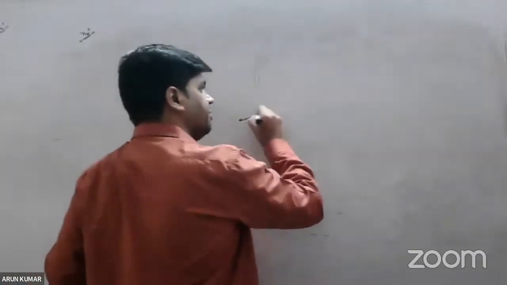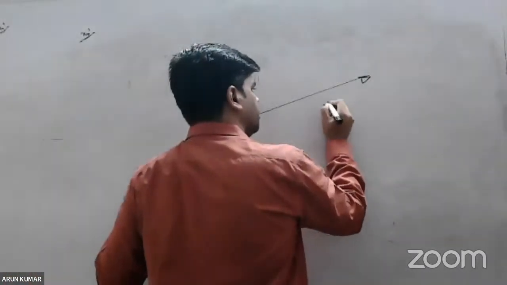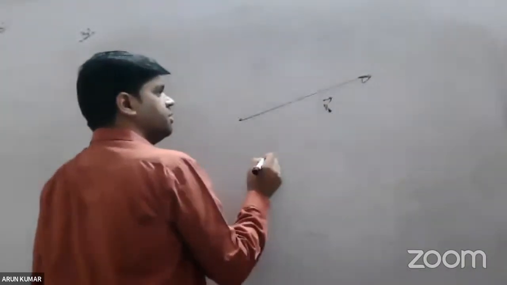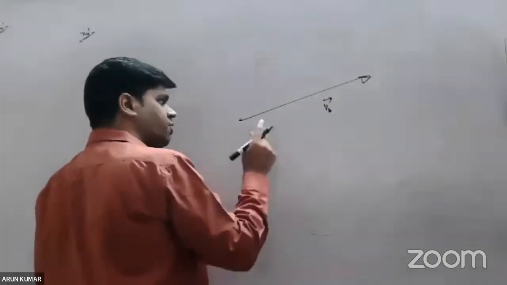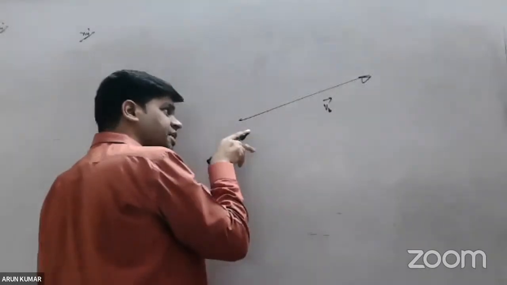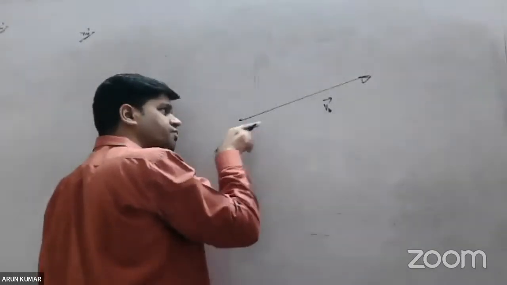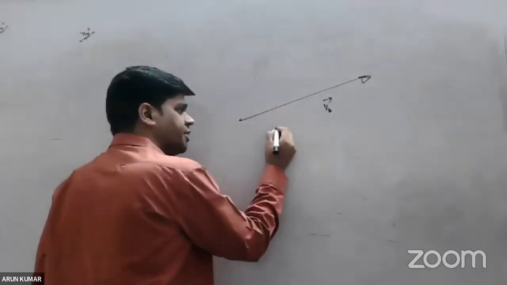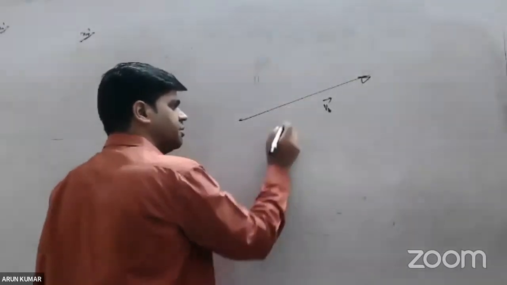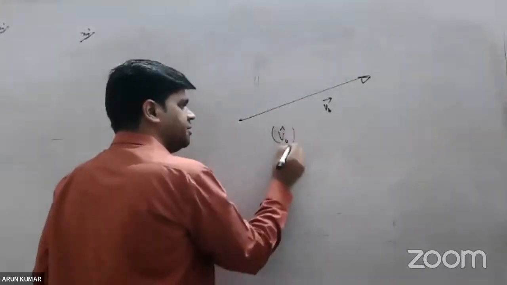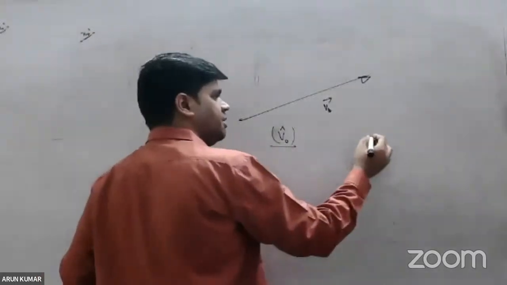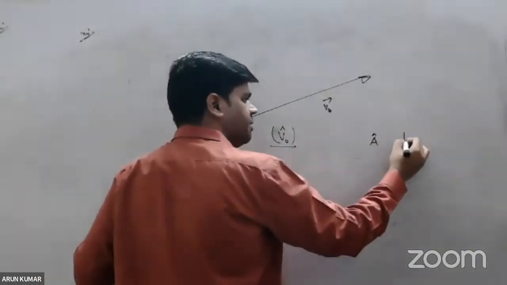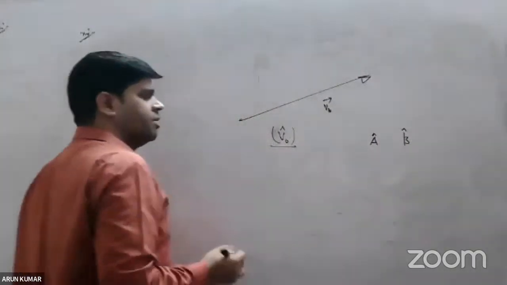That is, I've got any vector in a certain direction, V naught bar. A unit vector in this direction is nothing but a vector aligned parallel to V naught bar of 1 unit, and it is represented by V naught cap. Let's say it is A bar, it is shown as A cap, B bar, B cap.